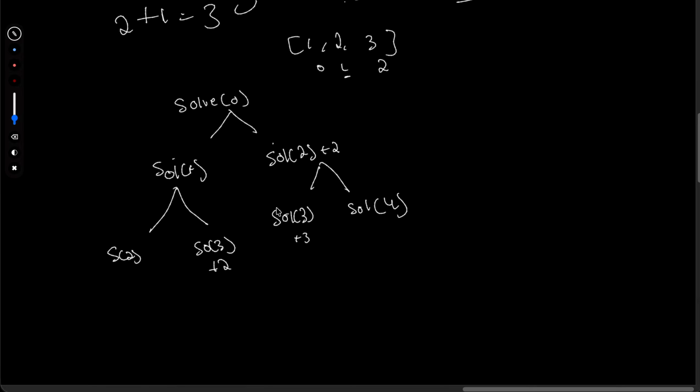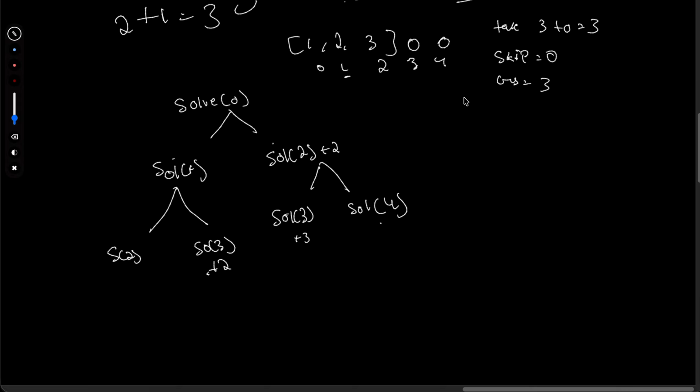Solve of 3 and solve of 4 are out of bound, out of the array, so we return 0. This is the base case. So let's calculate. If we take 3 plus 0, it is 3, and if we skip, it is 0, so the answer is 3.